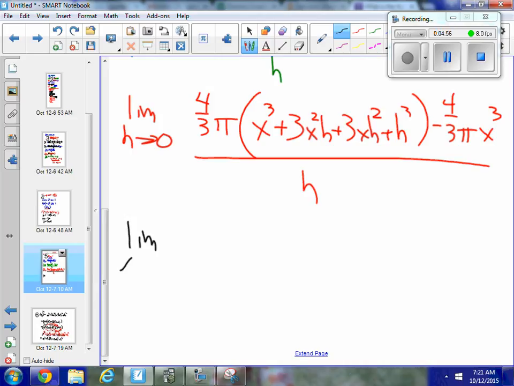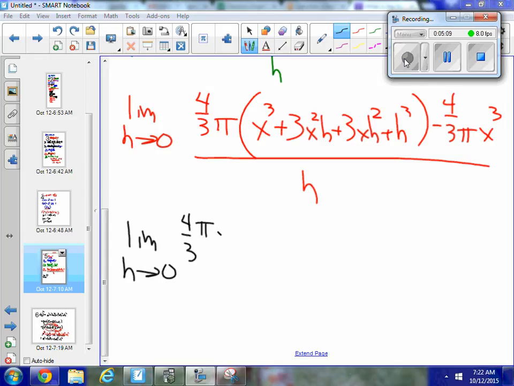So now I'm working with the limit as h approaches 0 of 4/3 pi x cubed plus, well, 4/3 pi times 3x squared h. When I multiply my 4/3 pi times my 3x squared h, my 3's are going to cancel out.